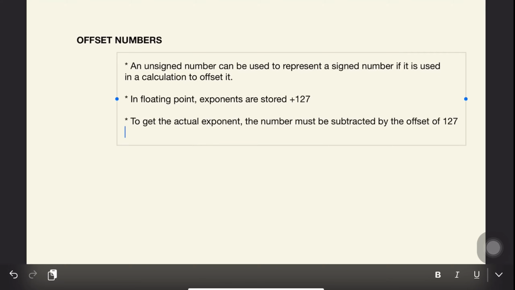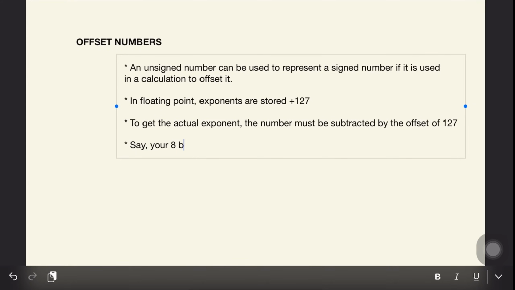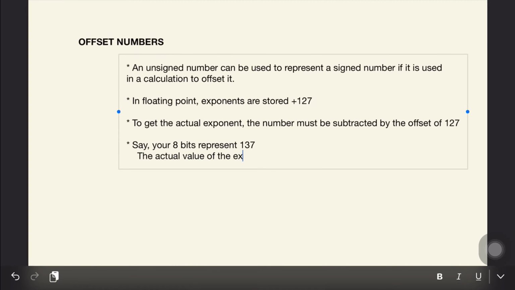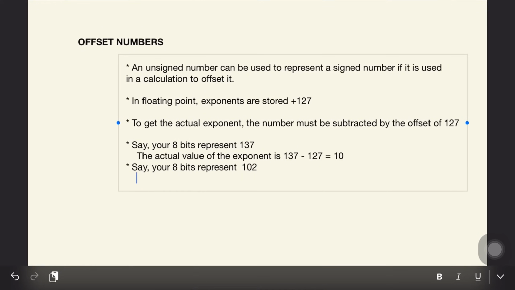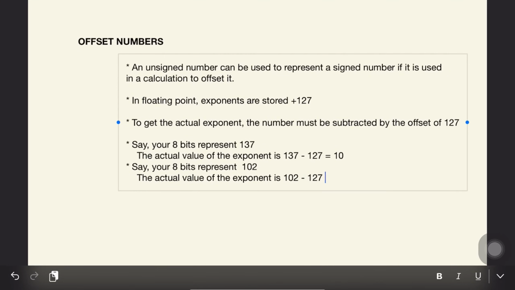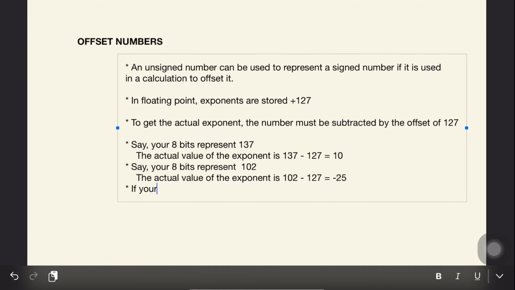Say your 8 bits represent 137. The actual value of the exponent then is 137 minus 127, which equals 10. Say your 8 bits represent 102. The actual value of the exponent is then 102 minus 127, which equals minus 25.